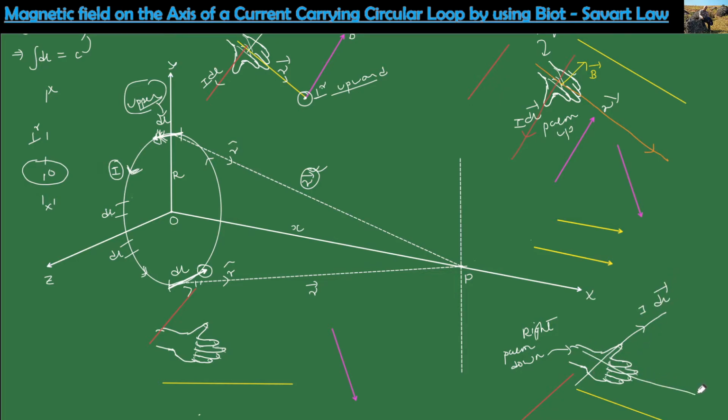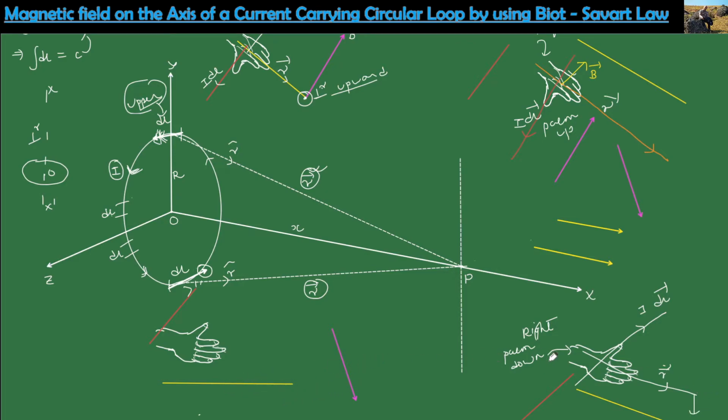And from here, this will be the direction of our radius vector. The outstretched fingers are in the direction of the radius vector. Since this palm is facing down, the direction of the magnetic field will be perpendicular and downwards.